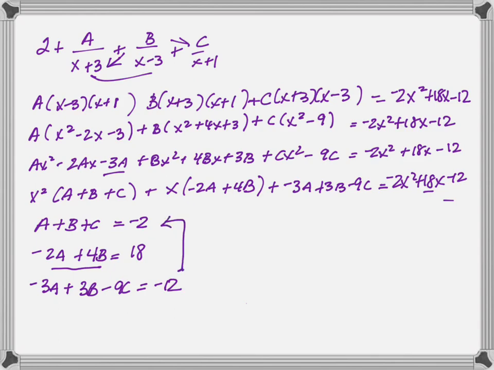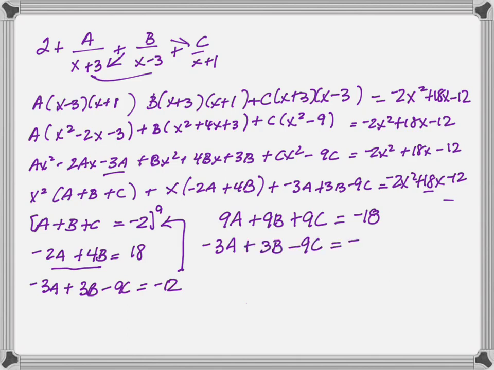So I have to multiply the top one by 9. So 9a plus 9b plus 9c equals negative 18, and negative 3a plus 3b minus 9c equals negative 12. We're going to add these together, and I get 6a plus 12b equals negative 30.